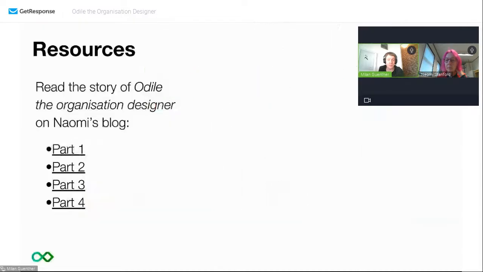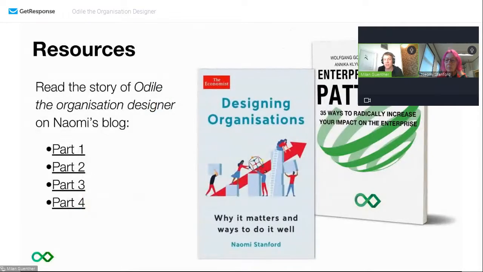And all of this is subject to the book Enterprise Design Patterns. And the overall thing that she went through, I think, is pretty much what Naomi wrote about in designing organizations. And if you're interested in more details about the story, here are the links. We will share the slides afterwards, with the 4-part blog post with the same story on Naomi's blog.